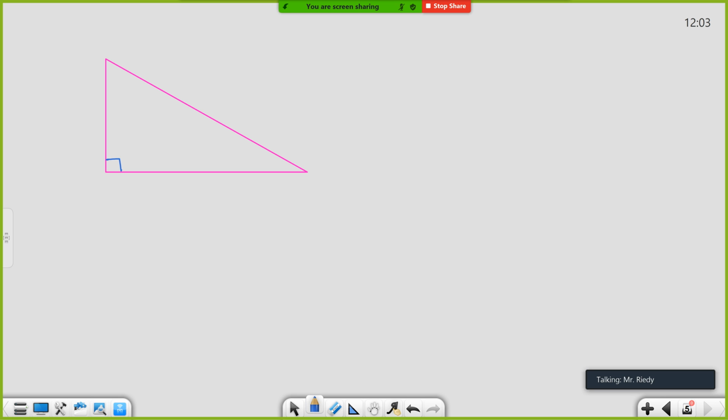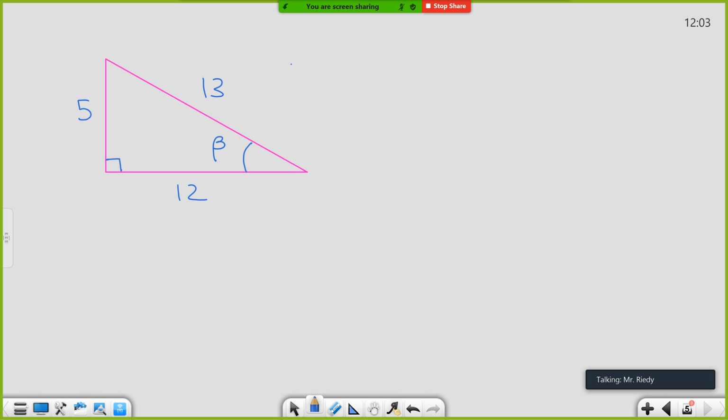So let's suppose I've got a triangle that's 5, 12, and 13. I know that's going to work because 5 squared is 25 plus 144 is 169, which is 13 squared. So we're good. And I'm going to solve for this angle. New letter here. Let's go with a beta.